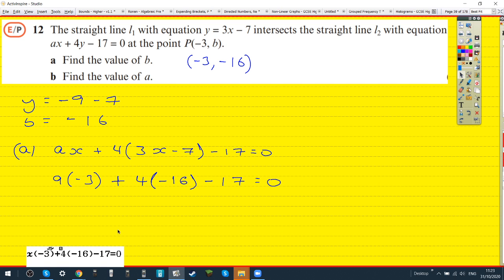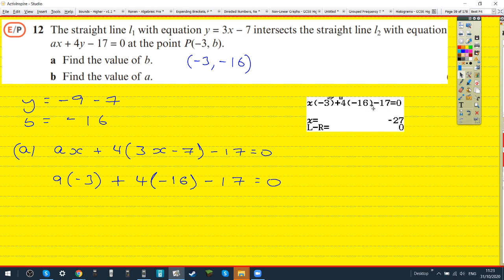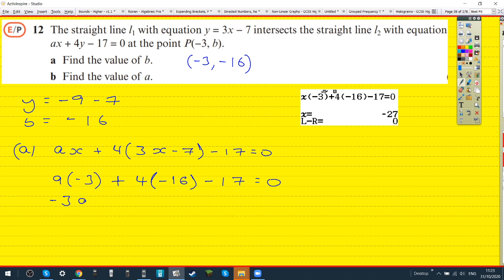Ooh, I got minus 27. Let me check. So I got to the part minus 3a plus minus 64 minus 17 equals 0. Is that part right? So let's see. We have minus 3a, 15, 30, 45, 60. That's minus 64. Minus 17 equals 0.